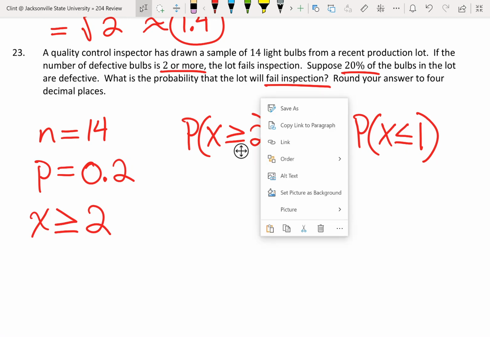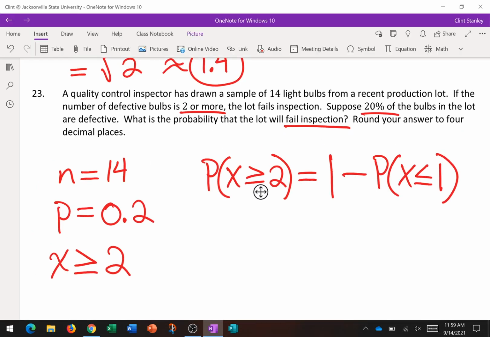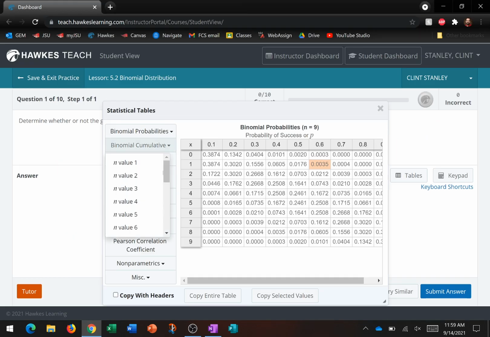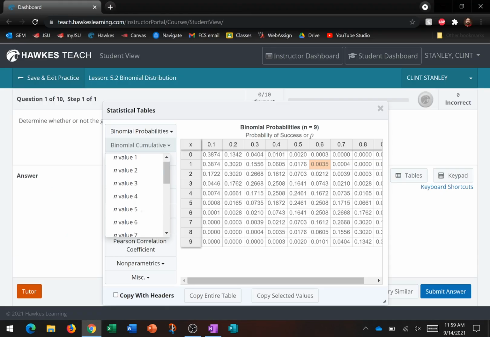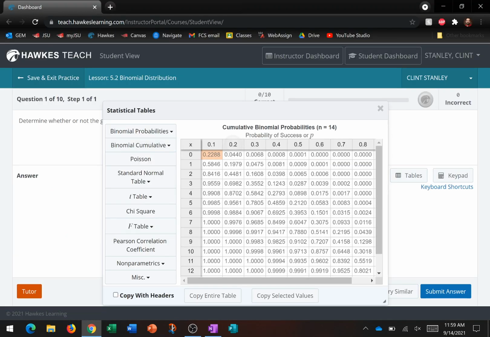Okay, so then we can go to our table. We're going to the cumulative table this time. N of 14, P of 0.2, and we're looking up 1. N of 14, P of 0.2, look at 1, we get 0.1979.